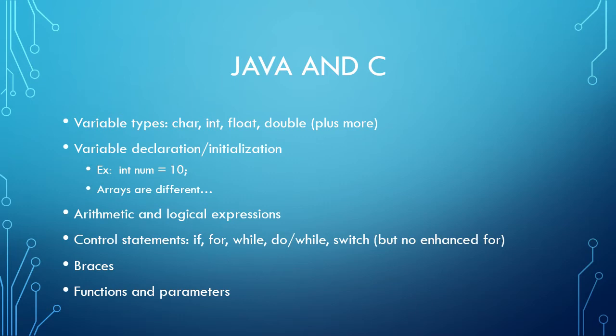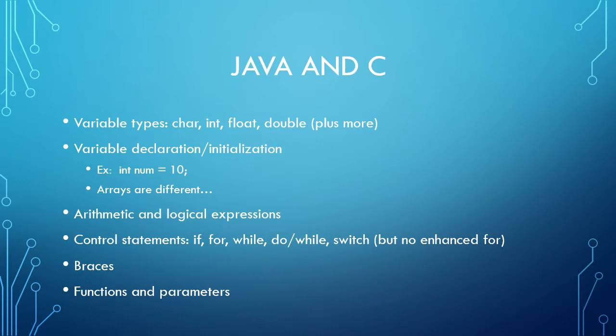Arithmetic and logical expressions are the same. So the operators that we use for comparison, for and or, for multiplication, basic arithmetic, the assignment operators such as plus equals, and the increment operators and decrement operators, plus plus and minus minus.